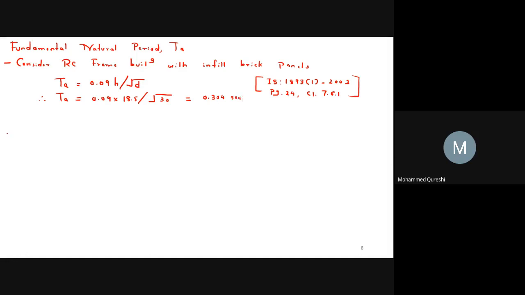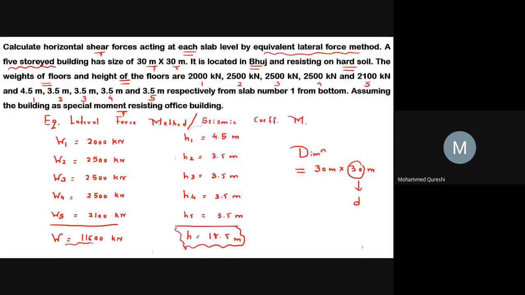Now we will go for design seismic base shear VB. As we know that VB equals AH into W, and we obtain the value of W as 1160 kilo Newton.